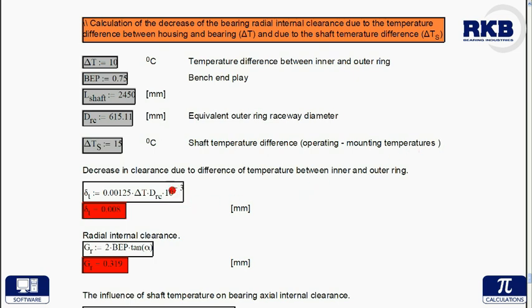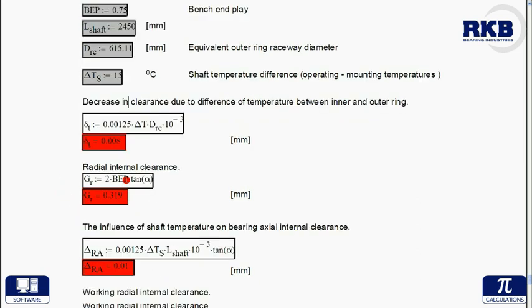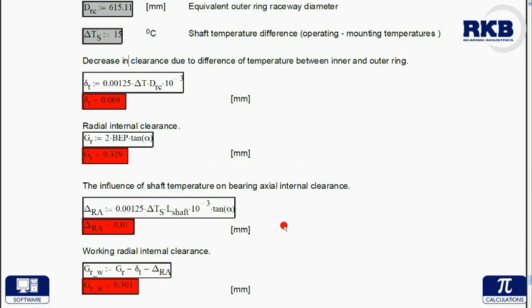The temperature difference between the inner and outer ring affects the decrease of the clearance. In addition, the influence of the shaft temperature difference on the axial clearance is also calculated. Consequently, the actual working radial clearance is obtained by subtracting from the radial internal clearance the decrease of the clearance due to temperature both in radial and axial direction.